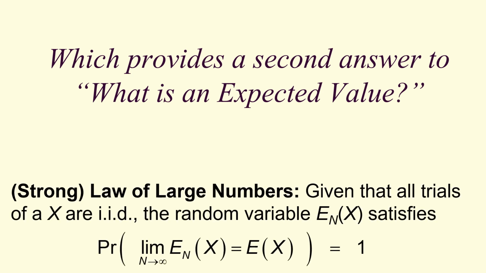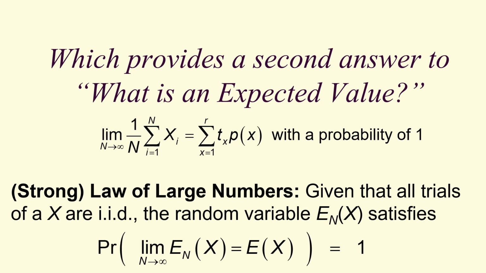This is the strong law of large numbers. Given that all trials of a variable x are IID, the random variable which is the sample mean of x over n trials satisfies that the limit of the sample mean is equal to the expected value with probability 1.